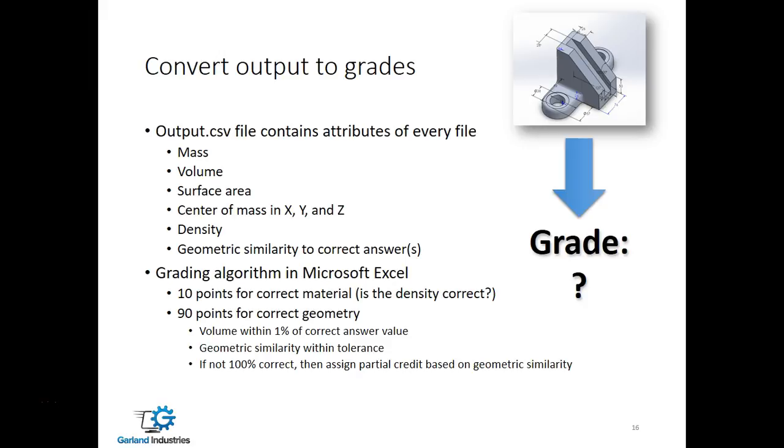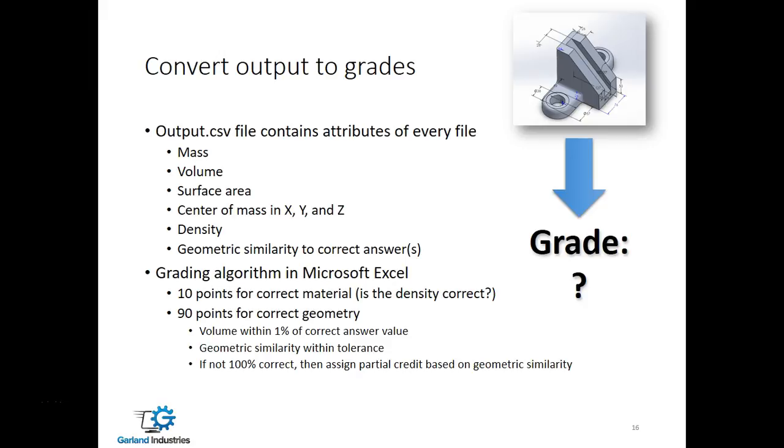However, it's possible that a student could find out the correct mass from his friend and then just draw the box and extrude it a certain amount and then get the correct mass.